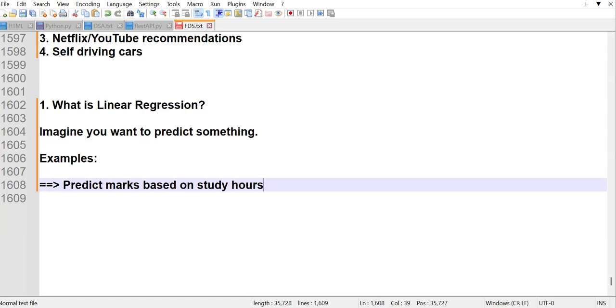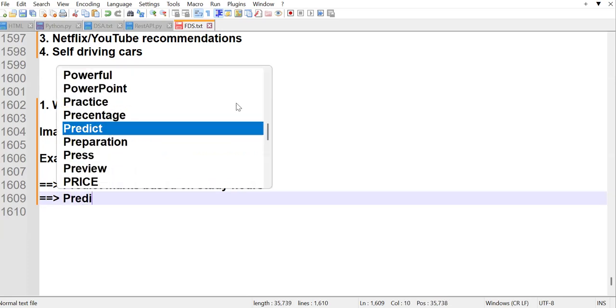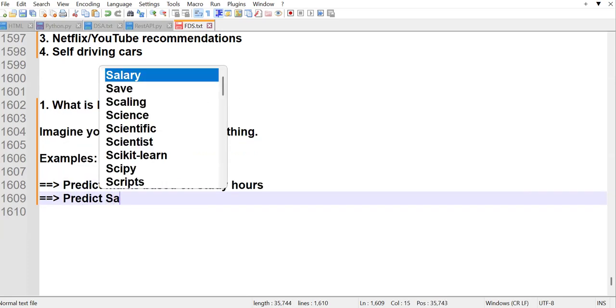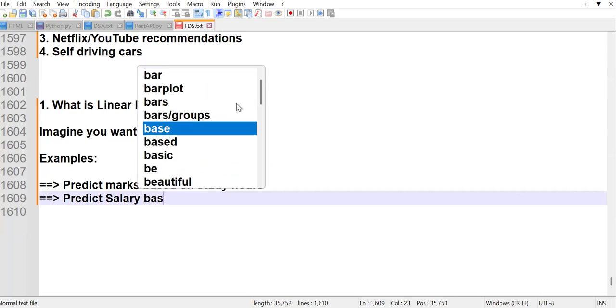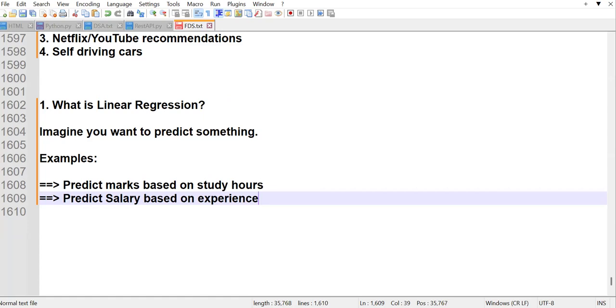Similarly, we can predict salary based on experience. If an employee has 1 year of experience, you can predict the salary, and if an employee has 10 years of experience, you can predict the salary.